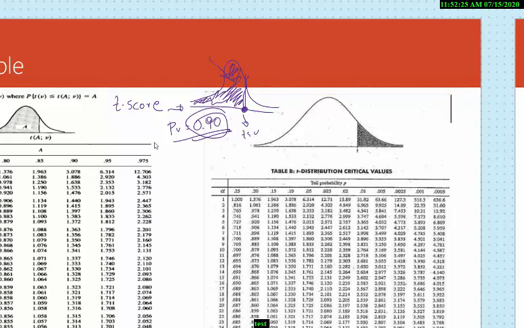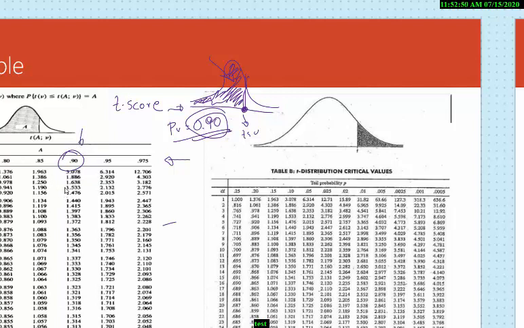So what I need to do is come inside the table and go to the top, not here, on the top, in this column, and find the 0.9 right here. So you know now that the t-score you are looking for is in this column.